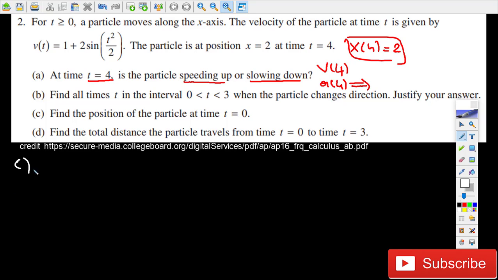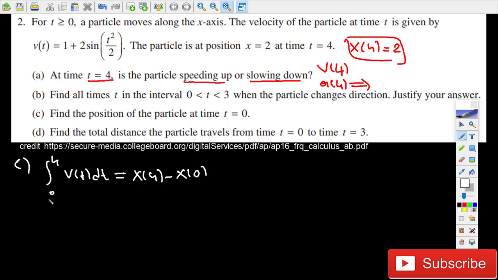If I set up the definite integral from 0 to 4 of v of t dt, using the first fundamental theorem of calculus, this is equal to x of 4 minus x of 0. So we need to figure out x of 0, which is the initial position.